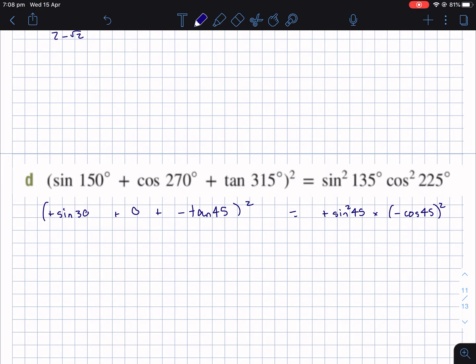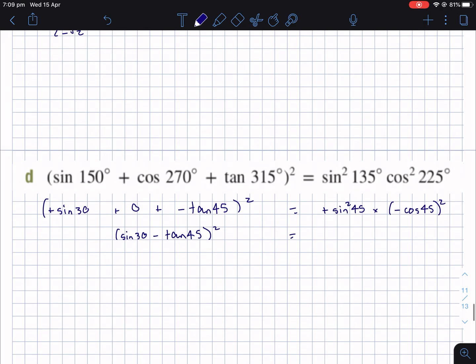So this left thing on the left hand side is the same as sine 30 take tan 45. And we're trying to show that that comes out as the same as sine 45 squared times negative cos 45 squared, yeah? Sine 30 was 1 on 2.